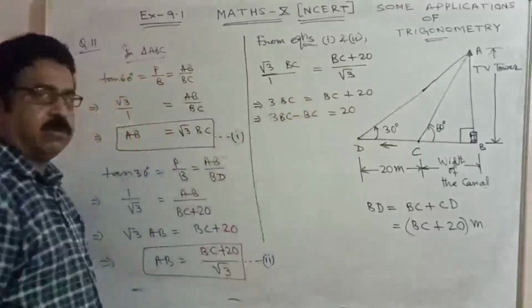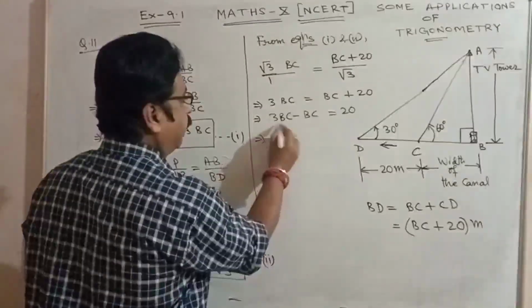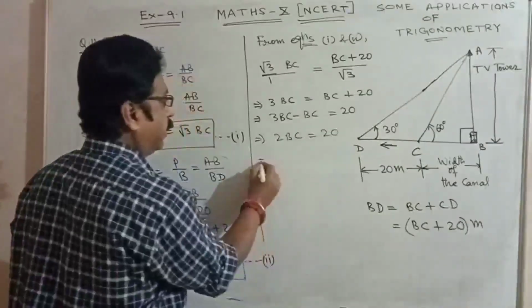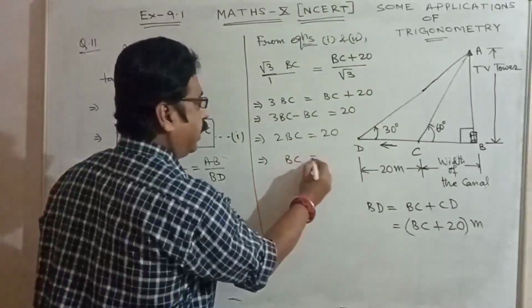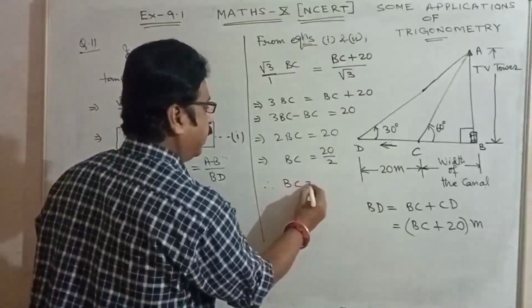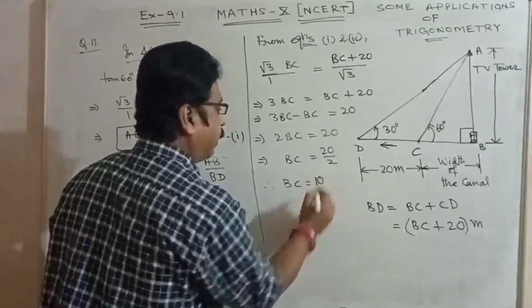BC is coming from right to left side, it will be minus BC. 3 BC minus BC is 2 BC equals to 20. BC will be 20 upon 2. Therefore, BC is 20 upon 2 means 10.